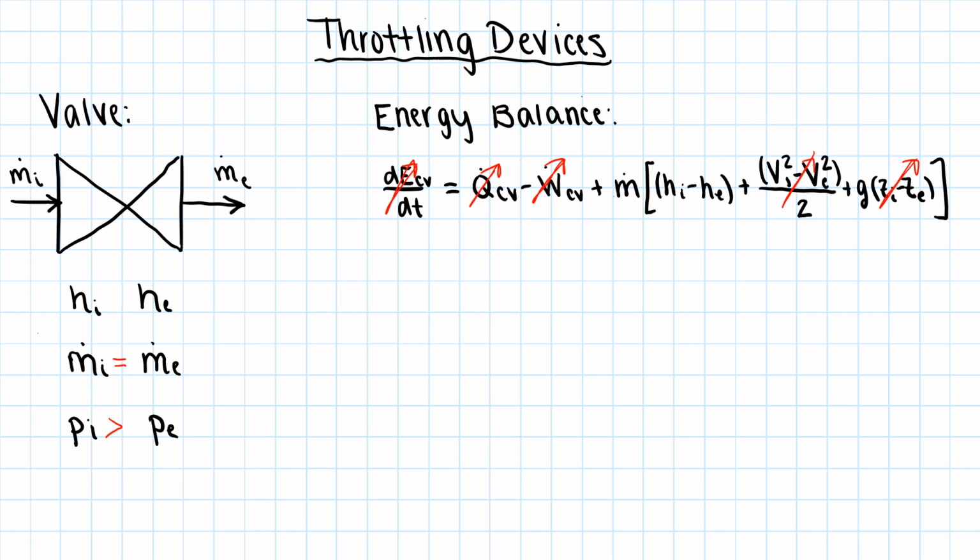Because of this, that's going to leave us with 0 equals our mass flow rate times your H at the inlet minus H at the exit. Your mass flow rate goes away, and what that leaves us with is that for a throttling valve, your enthalpy at the inlet is going to equal your enthalpy at the exit. And that's really key to remember when doing any problems involving throttling devices.